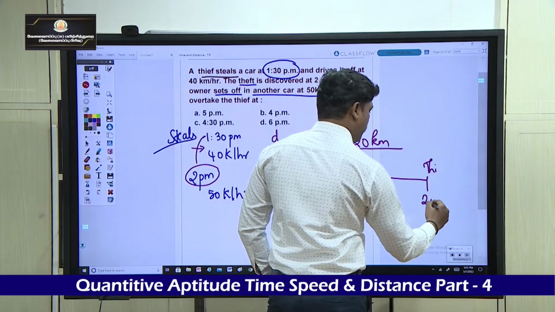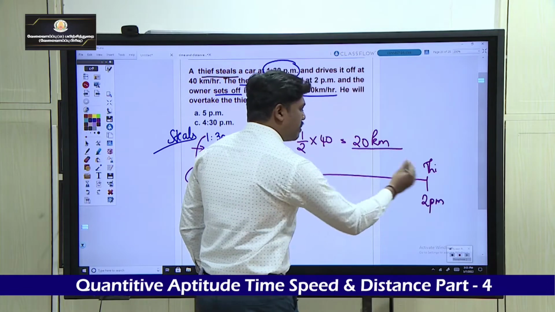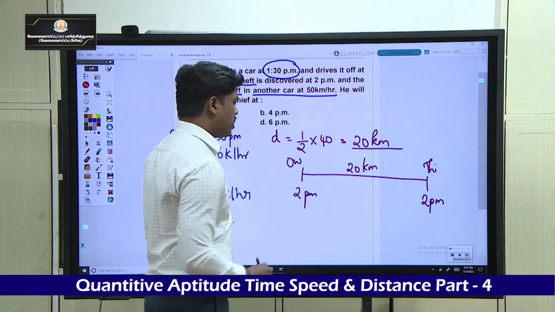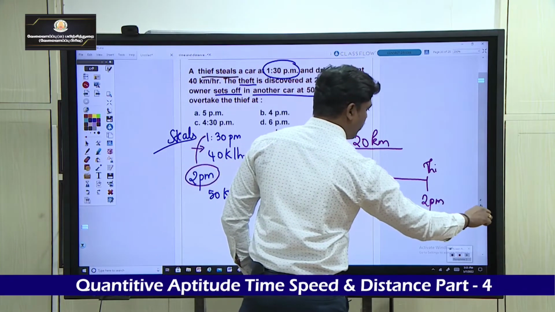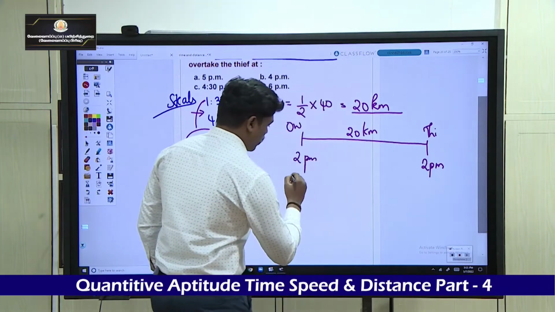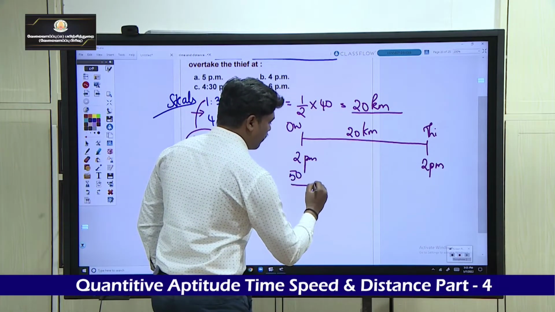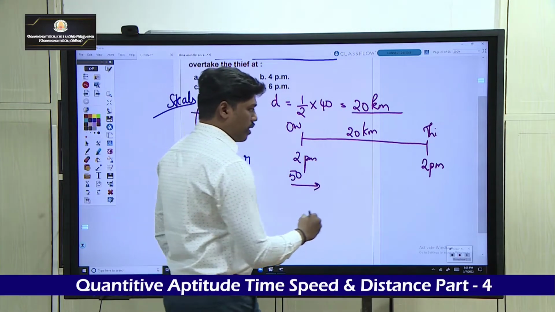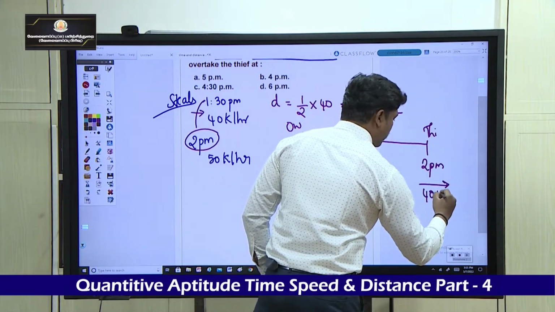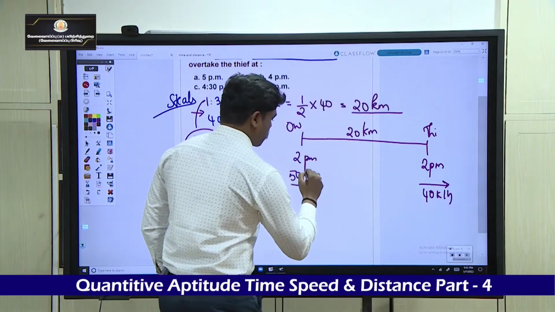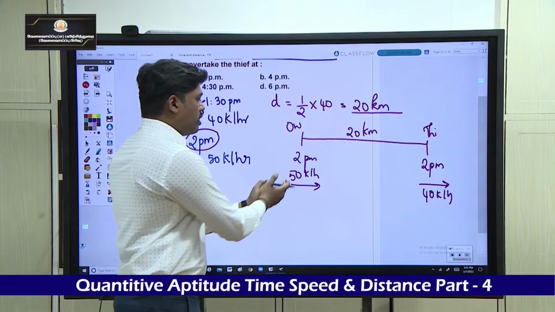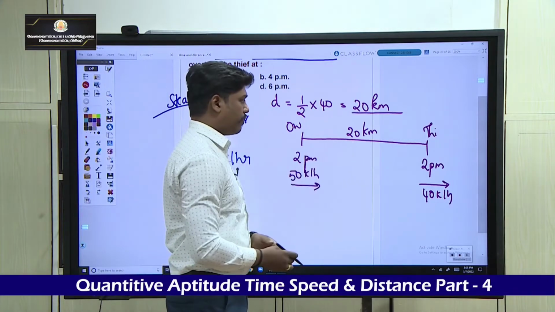At 2 p.m. the distance between them is 20 kilometers. The owner is moving at a speed of 50 kilometers per hour, and the thief is moving at a speed of 40 kilometers per hour. So at what time does the owner catch the thief?